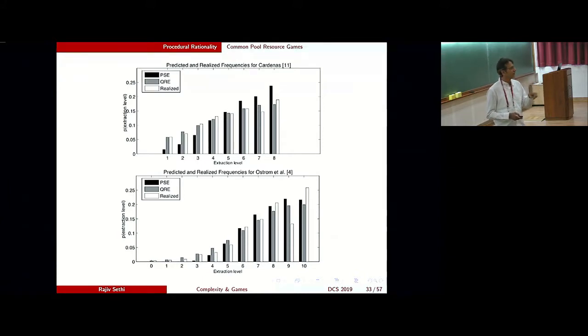And the counterargument that we try to provide in this paper is that if you look at these two experiments, this is the Cardenas experiment and this is the Ostrom experiment. Again, you see sampling equilibrium fits the data pretty well, but if you find the quantal response equilibrium with the parameter tuned optimally, you find a very good fit. But the noise parameter for QRE here and the noise parameter for QRE here is an order of magnitude apart.